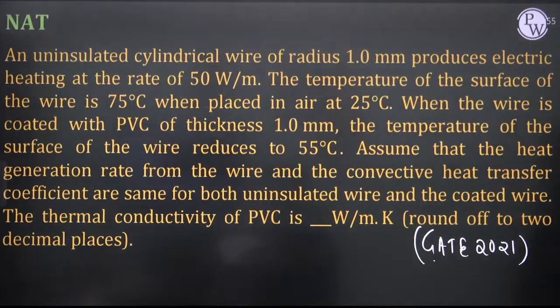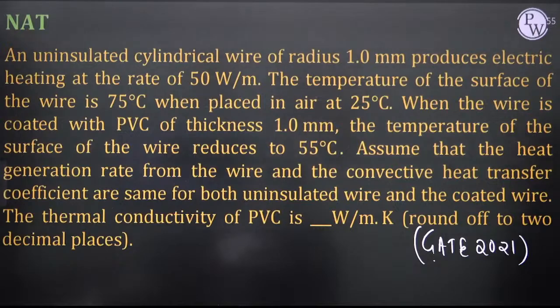When the wire is coated with PVC of thickness 1 mm, the temperature of the surface of the wire reduces to 55 degrees Celsius. Assuming that the heat generation rate from the wire and the convective heat transfer coefficient are the same for both the uninsulated wire and the coated wire, the thermal conductivity of the PVC material is.